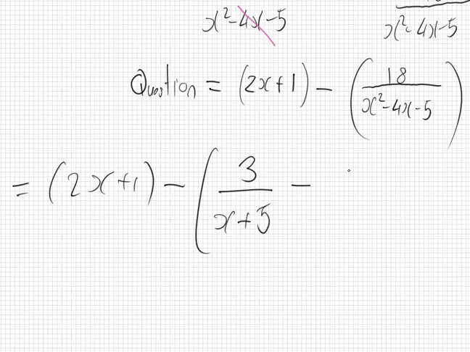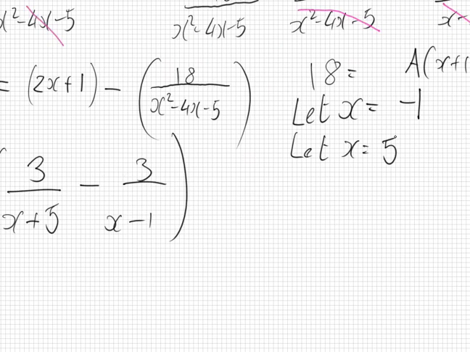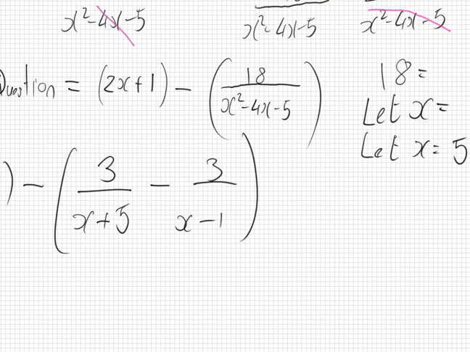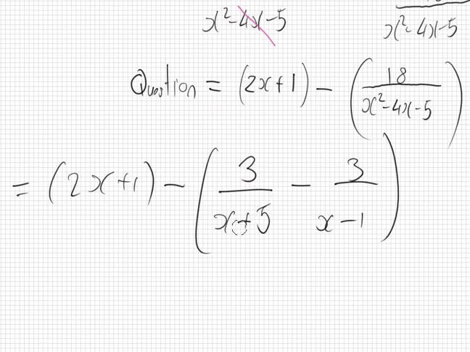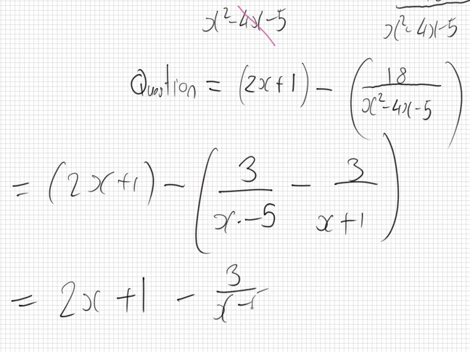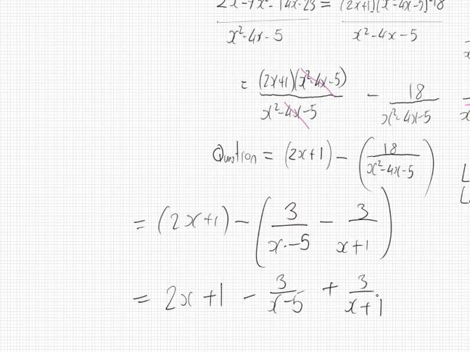And then minus 3 over x minus 1. Was that it, yeah? No, it was x minus 5 and x plus 1. So this equals 2x plus 1 minus 3 over x minus 5 plus 3 over x plus 1.